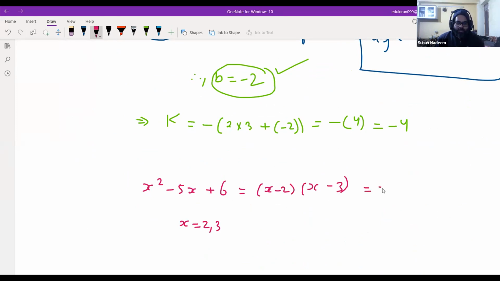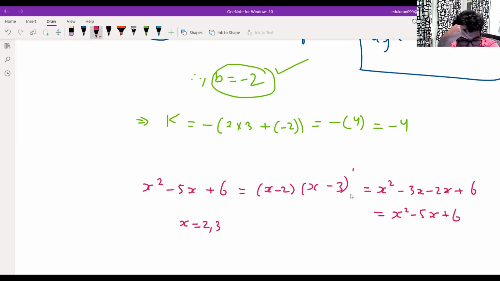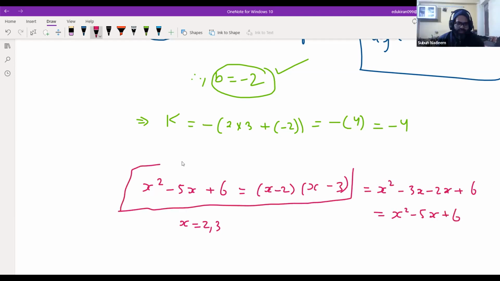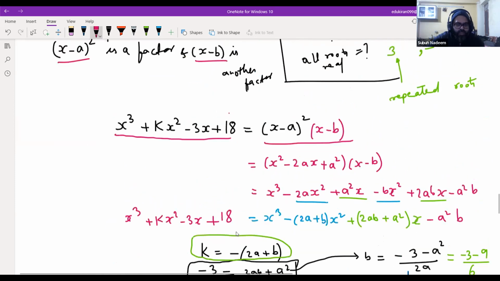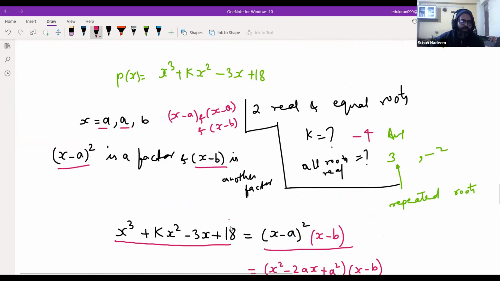Because when you expand it, you will again get x square minus 3x minus 2x plus 6, that is x square minus 5x plus 6. So you can always write a polynomial in terms of its factors if the roots are known to us. So the roots are a and b. a is the repeated root and b is not the repeated one. So the repeated one will be squared, because it will be x minus a into x minus a into x minus b. So this is written like this.